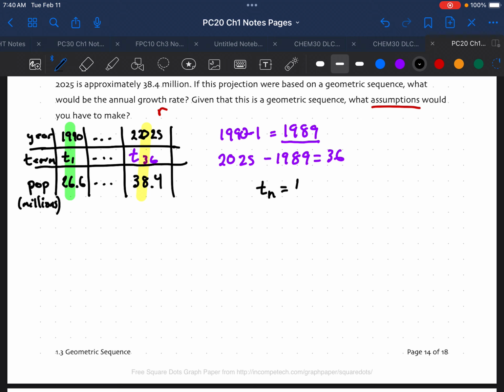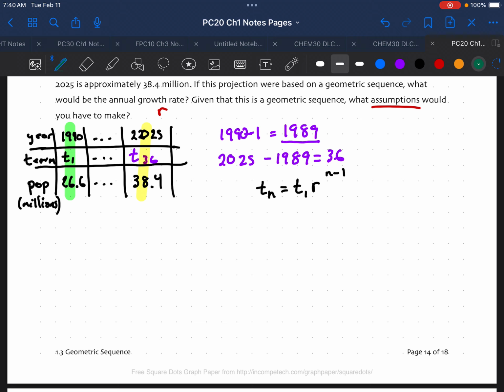Our nth term is equal to our first term times our common ratio to the power of n minus 1. We do not know our common ratio. Now, what happens when we plug this information into here? Well, let's see.